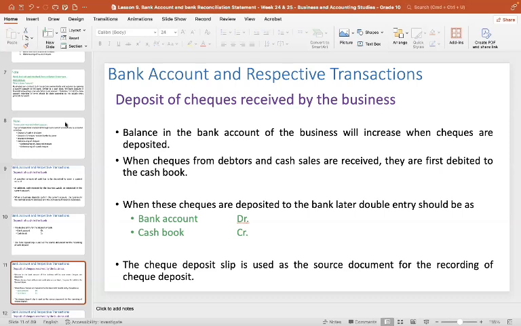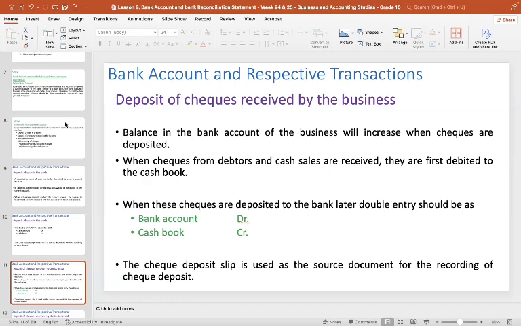When we are subsequently depositing them in the bank account, the business will increase its bank balance. Firstly, most businessmen record these checks from debtors and cash sales in their cash book.